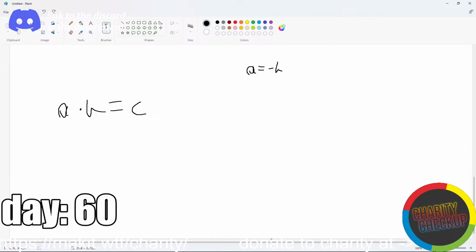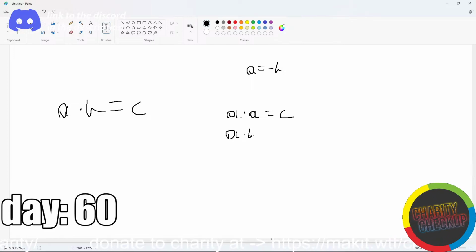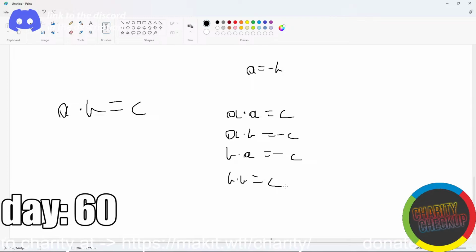A is equal to negative B. Now we can do it like this. A times A is equal to C. A times B is equal to negative C. B times A is equal to negative C. B times B is equal to C. Do you see the similarity?